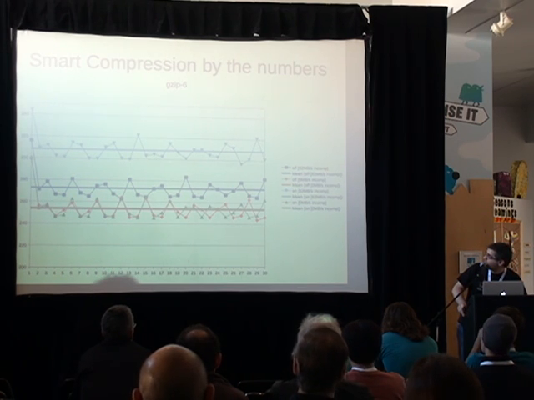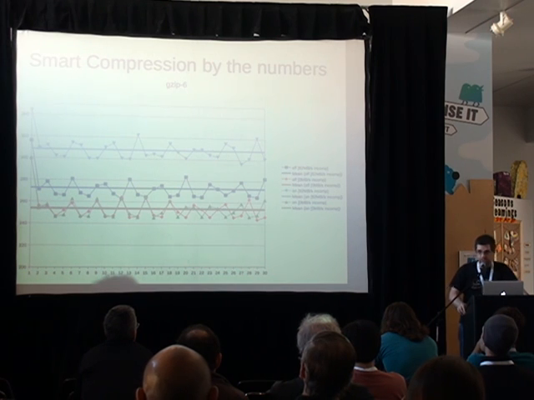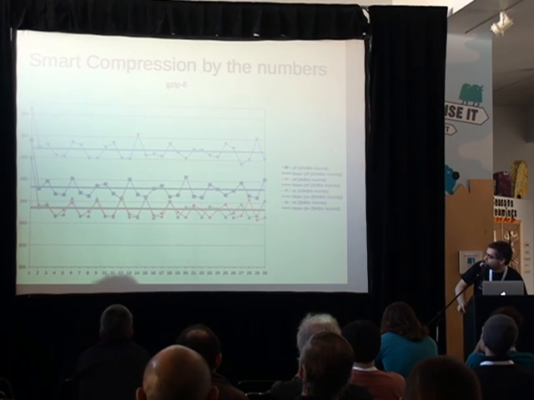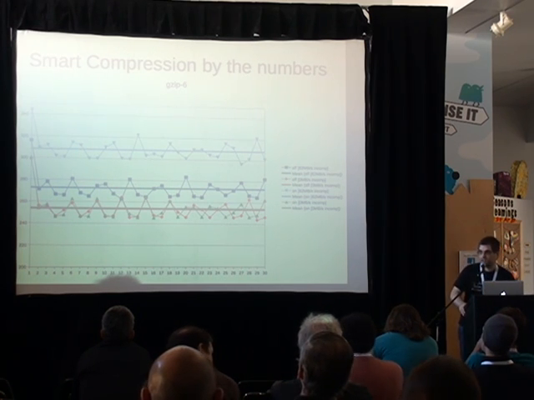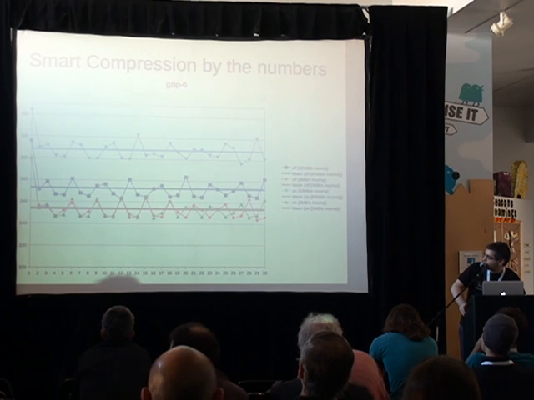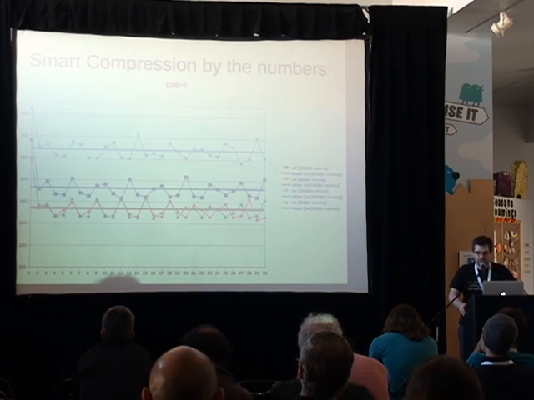The top line there is the performance with smart compression on, which means that we completely ignore the non-compressible stuff. And the line just below that is the situation where we just turn it off and try to compress everything. So you can see that there's about, I don't know, a 20% performance increase.